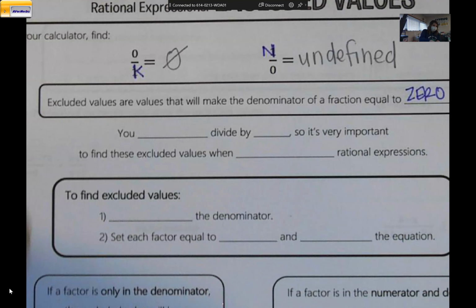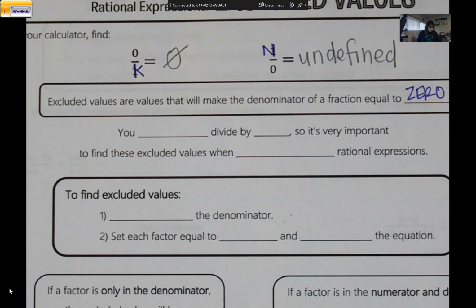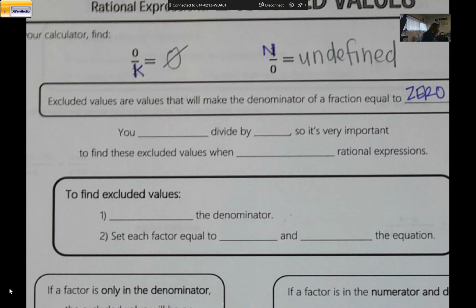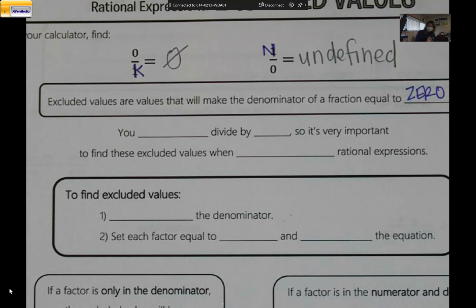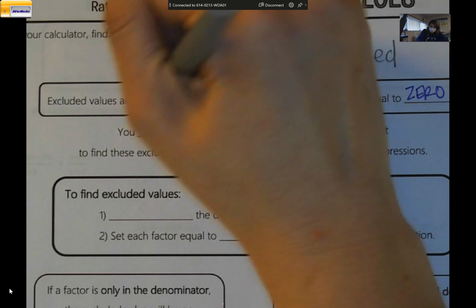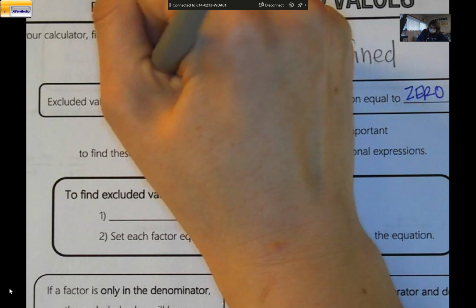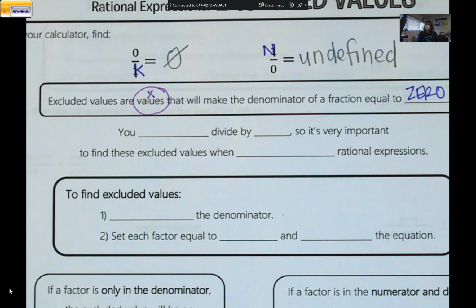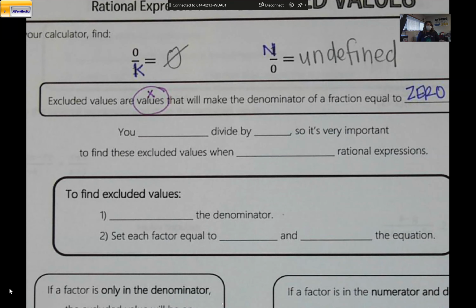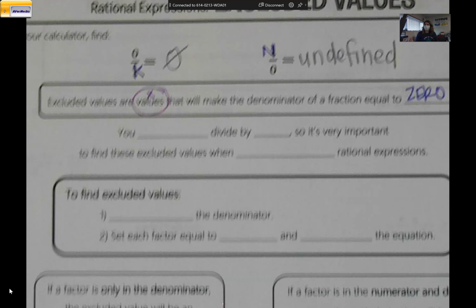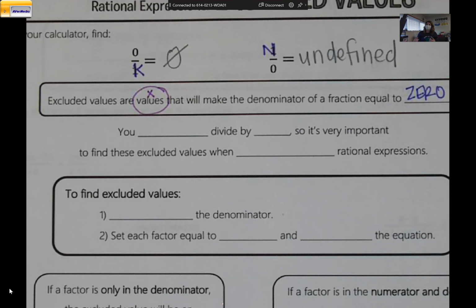When it says values, we should probably note that they're referring to x values. So I'm going to write that down. Our values, these are x values. Some of your trinomials last time, I think, had letters like P or N or K. That's the same thing. So when we say x values, we mean whatever letter the variable is.